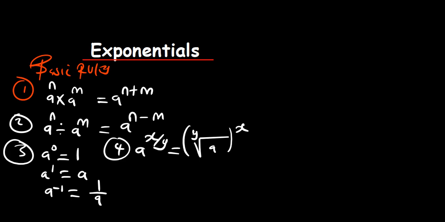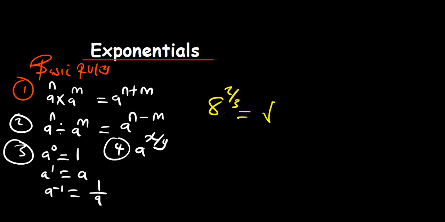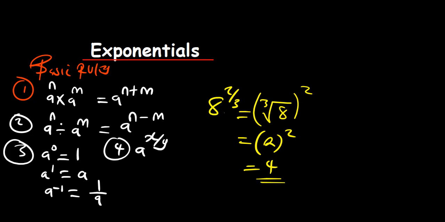Okay, so an example that I can give here is, if I have 8 to the power 2 over 3, this will be the cube root of 8, then the numerator becomes the power. So in this case, a number that you multiply 3 times by itself to give you 8, we know that it's just a 2. Then this is squared. Now 2 squared is just a 4. So that's how you're going to solve that one.